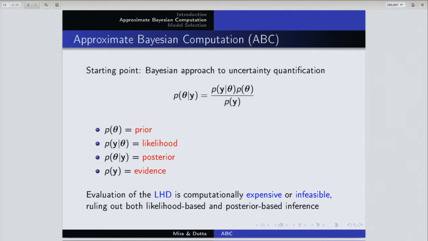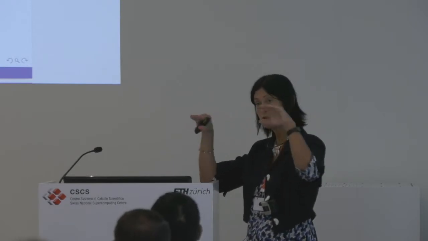If you do not have any information on the possible values of the parameter, you might express a situation of ignorance by putting a flat, non-informative prior over all possible values that the parameter can take. So you only need to have a lower and an upper bound for the possible values, and then your prior can simply be a uniform prior. And throughout the simulations that we will show you today, most of them, we will be using a flat prior, so eliciting a status of ignorance about the parameter.